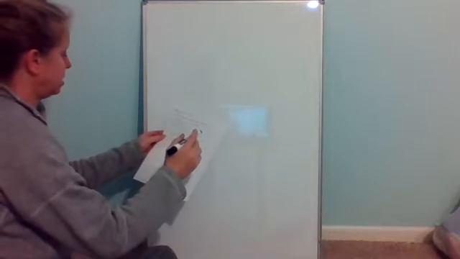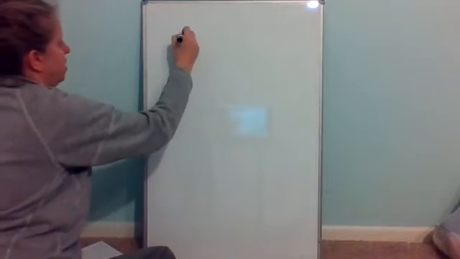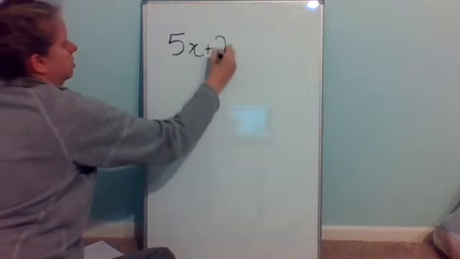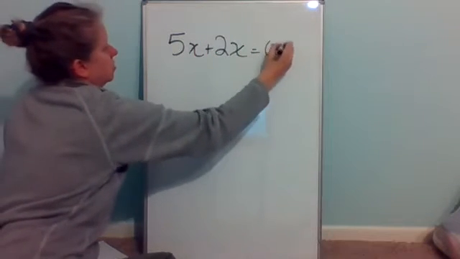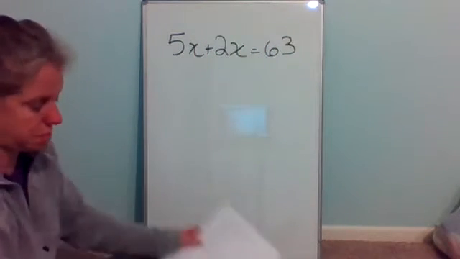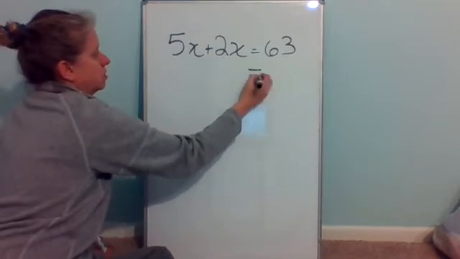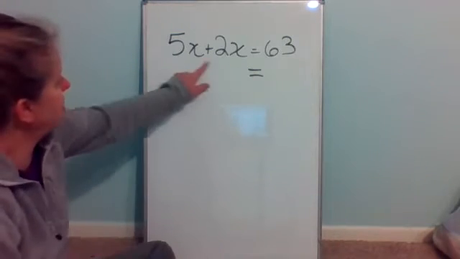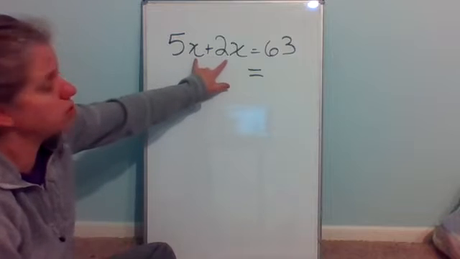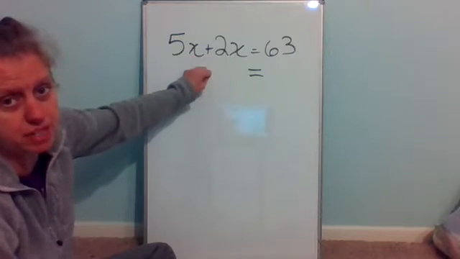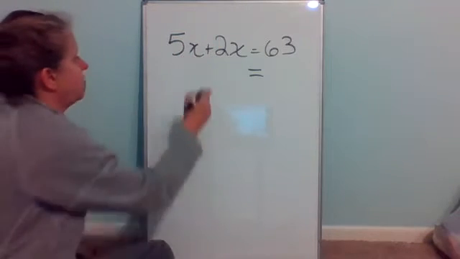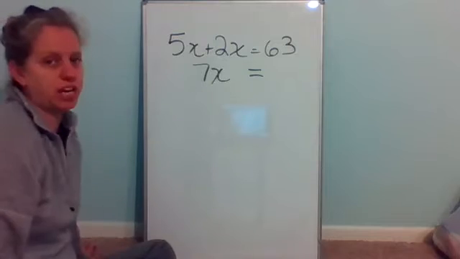All right, number 8, 5x plus 2x equals 63. So again, here's my equal. On the left side of the equal, they're both x's, which means I need to put them in the same basket. I actually have 7 x's over here.